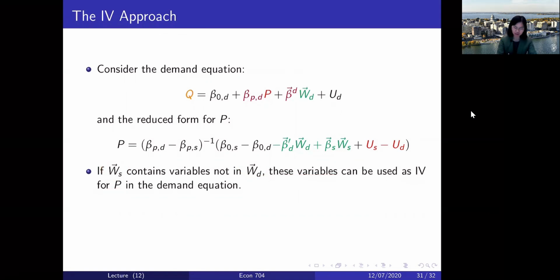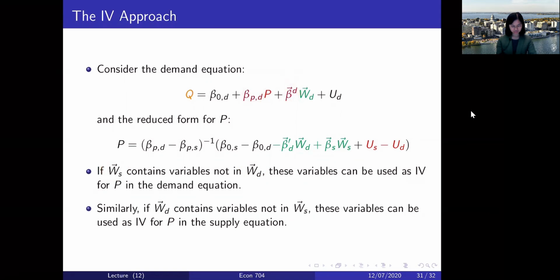That is, they can be used as IV in a two-stage least squares procedure to consistently estimate the causal effects in the demand equation. Okay. And similarly, when we want to estimate the supply equation, we're going to want to use the variables in WD that are not in WS as IVs.